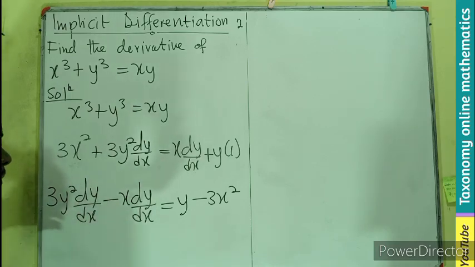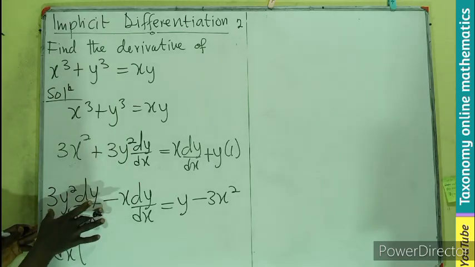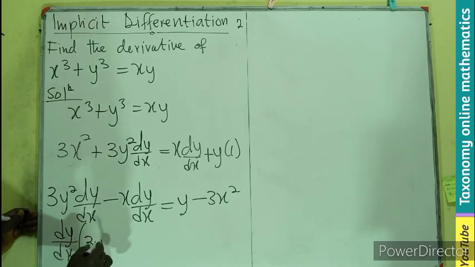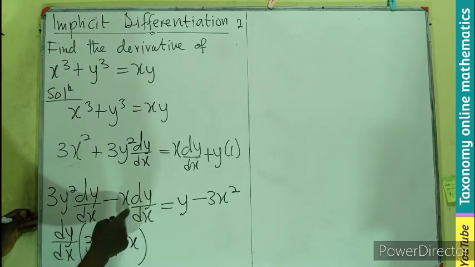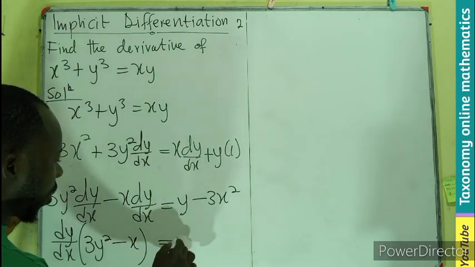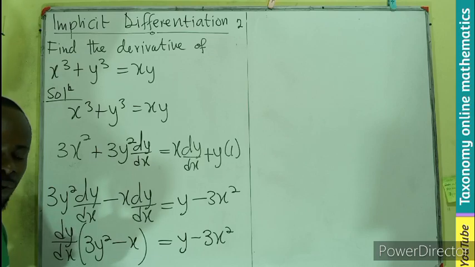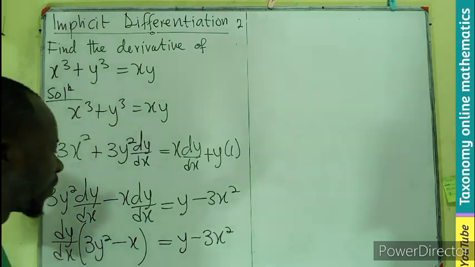So we factorize them out, meaning dy/dx outside the bracket. Divide this by dy/dx, you will be left with 3y squared. When you divide here, minus x is the only coefficient here, still equals y minus 3x squared. So now, for us to keep the dy/dx alone, we divide by the coefficient here.